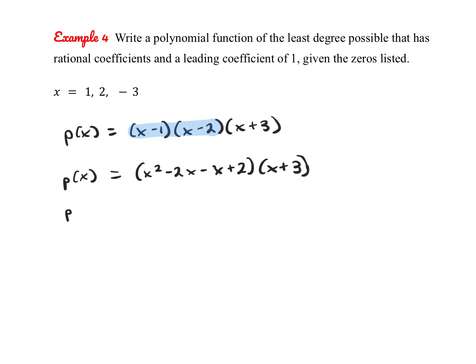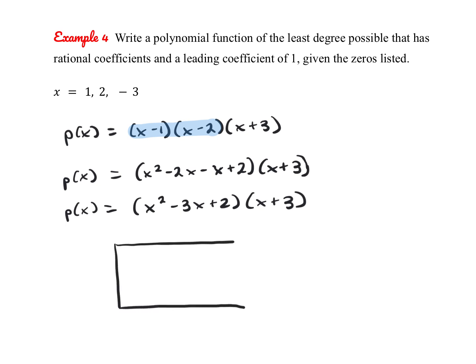Let me simplify that. And then we just have to do our last round of multiplication. Maybe here I'm going to go back and use that box method that we learned at the beginning of the unit. So we have x squared minus 3x plus 2, and then x plus 3.